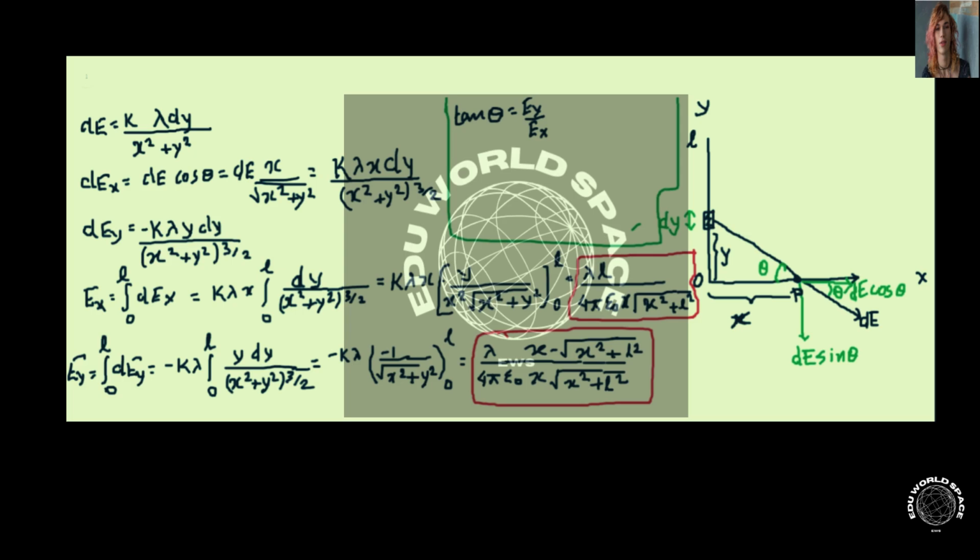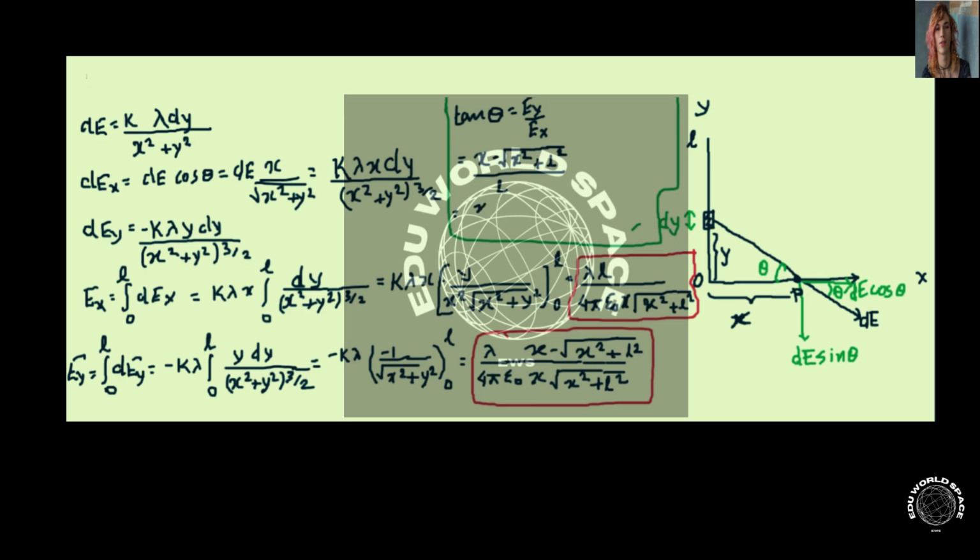If you divide Ey by Ex, we have all the denominator in common, right? So we will only have left x minus root under x squared plus L squared upon L.